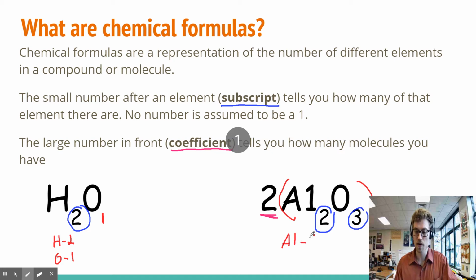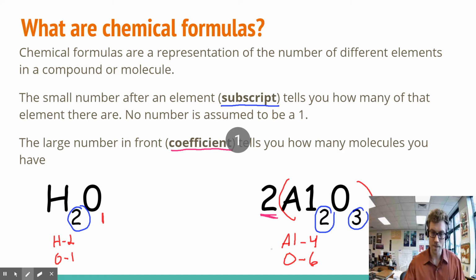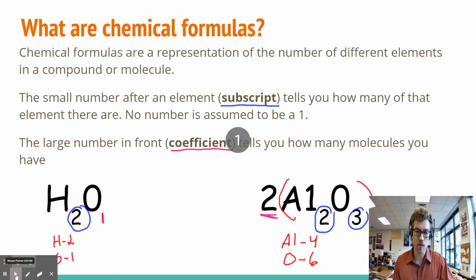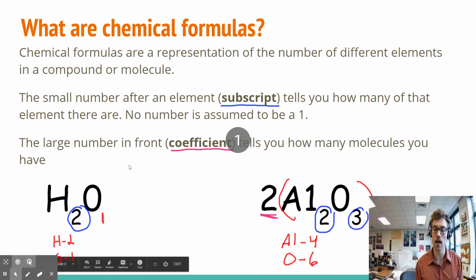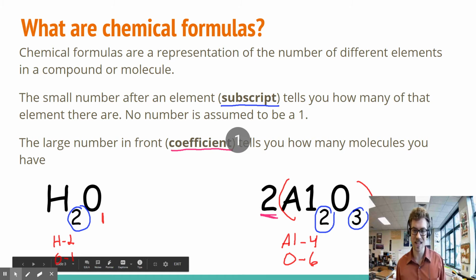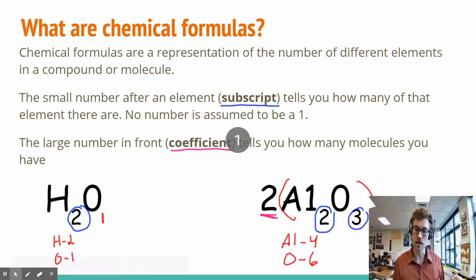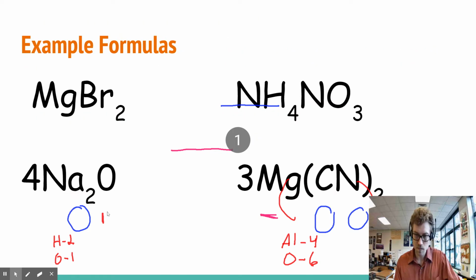So this is telling us that we have 4 aluminums, and we have 6 oxygens. 2 times 3 is 6. So that's how these chemical formulas work. We're not going to spend a lot of time right now worrying about counting up the number of atoms in these formulas, but in the future, when we balance chemical equations, we're going to need to be able to read these formulas.